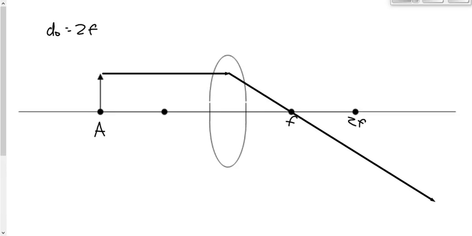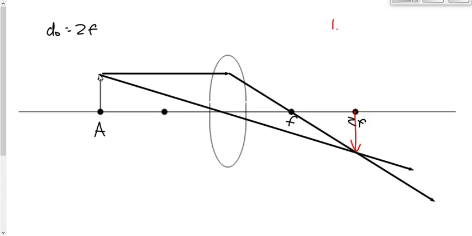It will go down through the focal point. Next ray from the top of Mr. Aiello's head down through the optical center. It should form an image right here, directly below 2F.